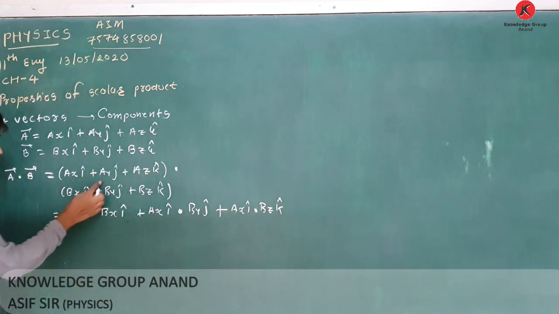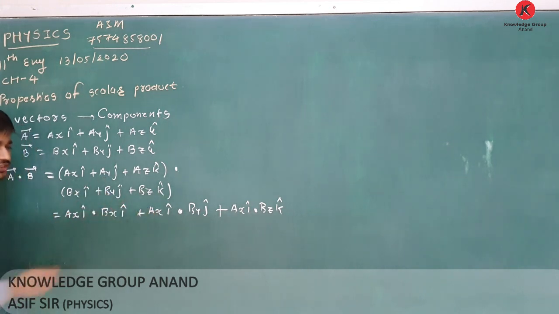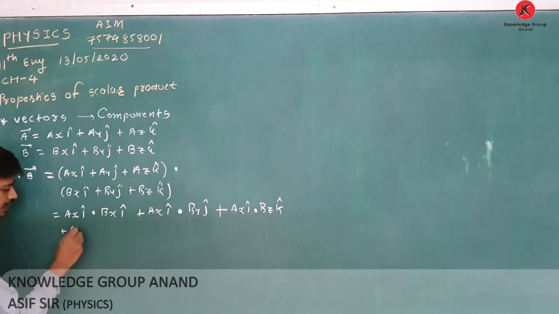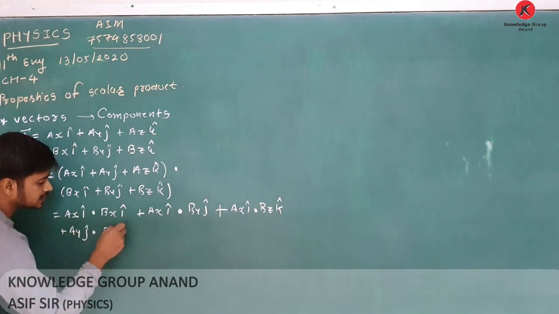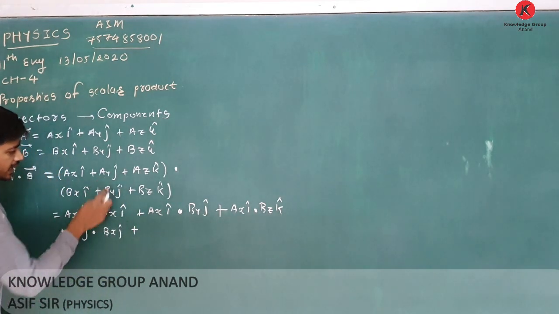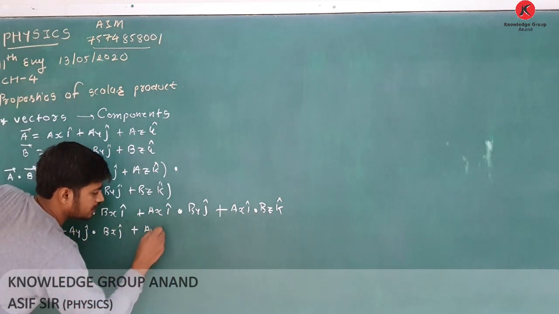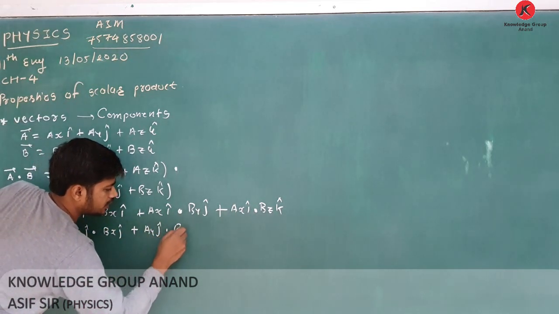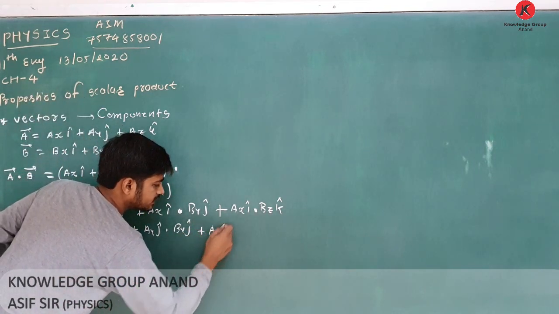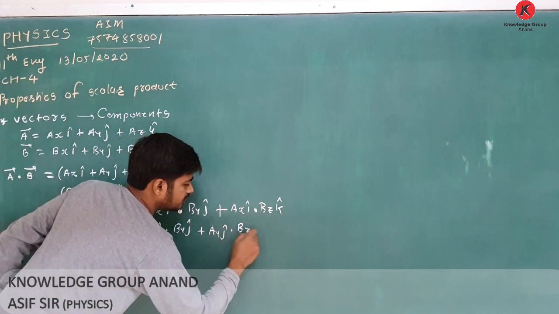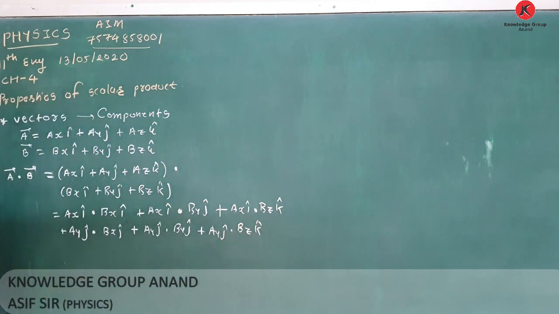Similarly, now we will take the dot product of Ay j with these three terms. So plus Ay j dot Bx i, plus Ay j caret dot By j caret, plus Ay j caret dot Bz k caret. Clear about this?